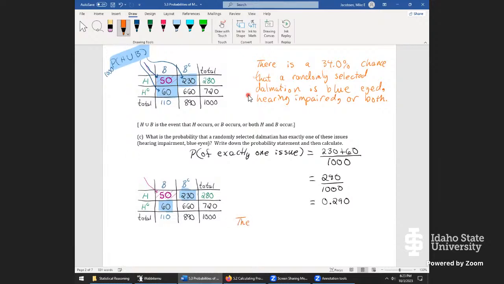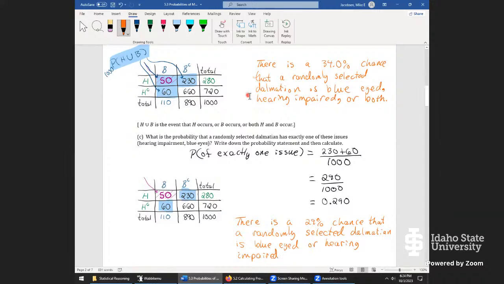There is a 29% chance that a randomly selected Dalmatian is blue-eyed or hearing impaired.